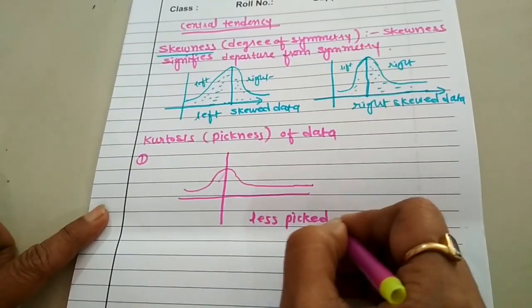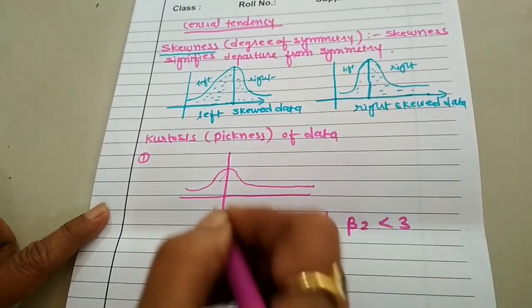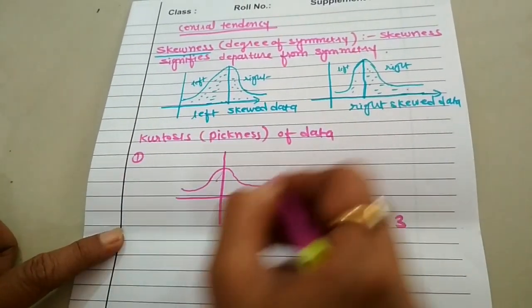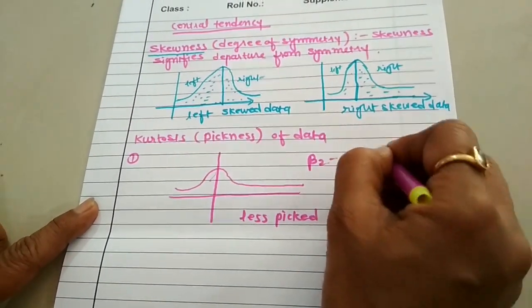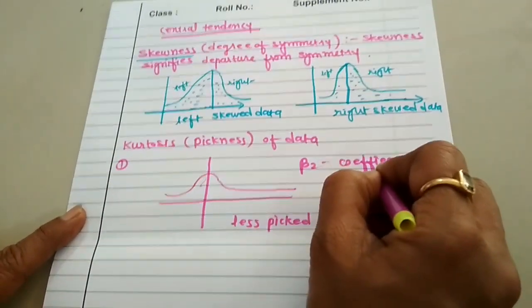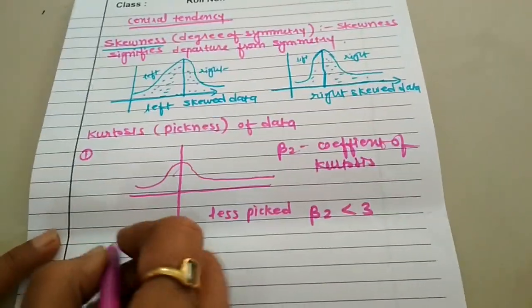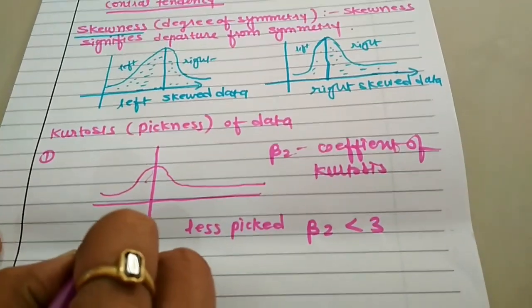Now here beta 2 is less than 3. What is beta 2? Beta 2 is the coefficient of kurtosis.